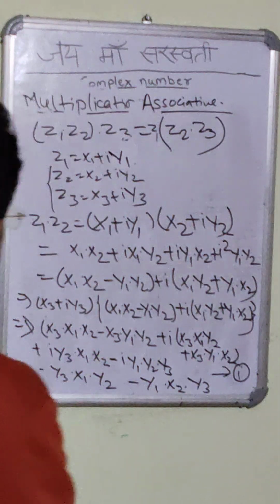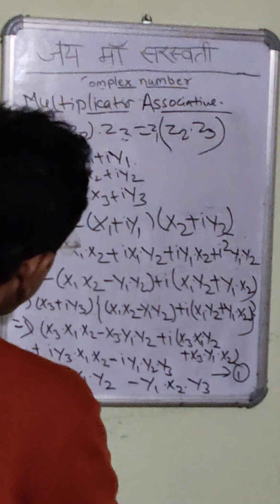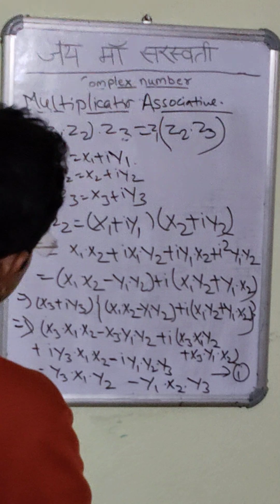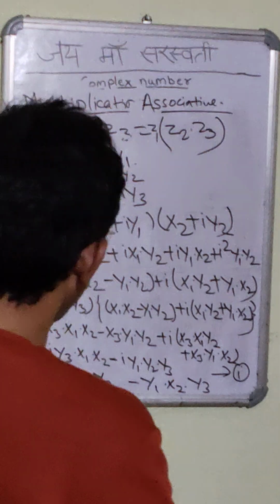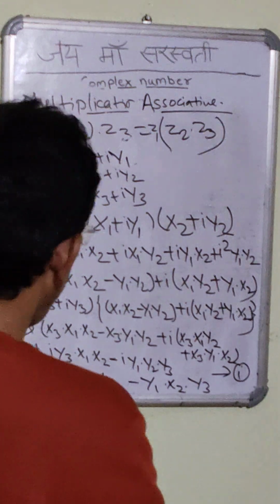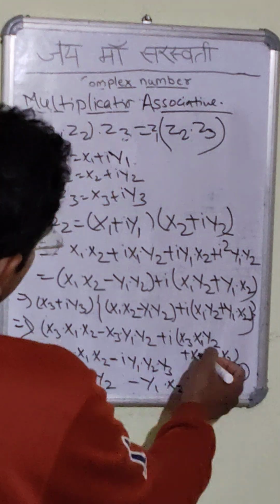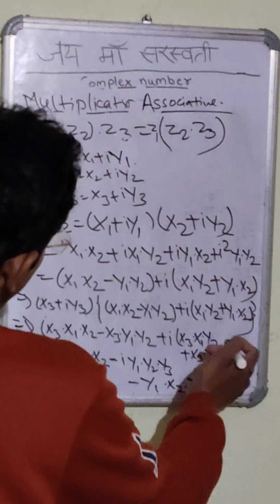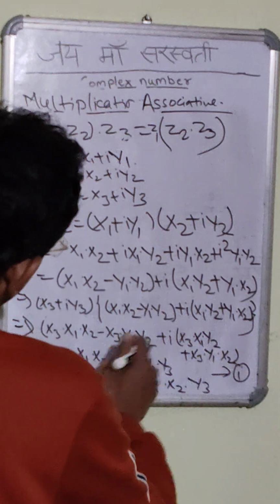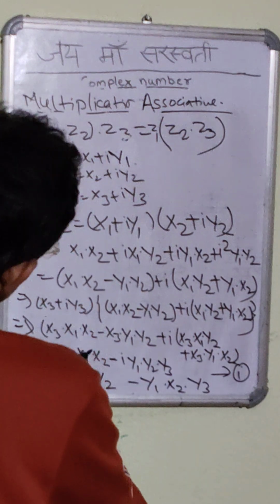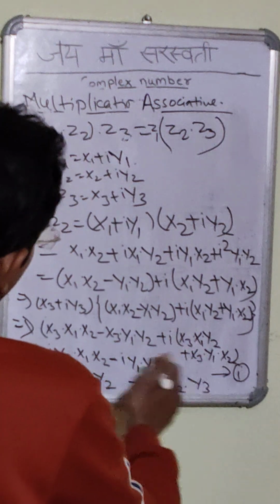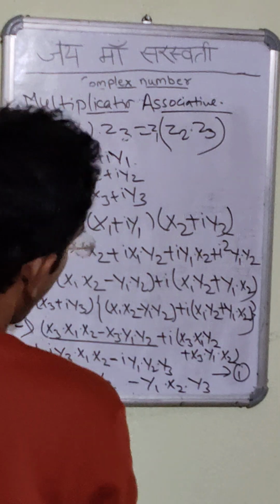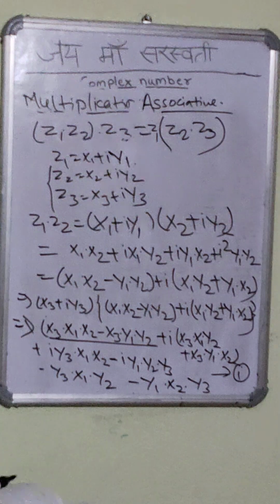Similarly, we will show other examples also, which will render more transparency and will be easy for us. We take i common here: x3 x1 into y2 plus x3 y1 into x2, plus y3 into x1 into x2 minus y1 into y2 into y3, and this will be the same.